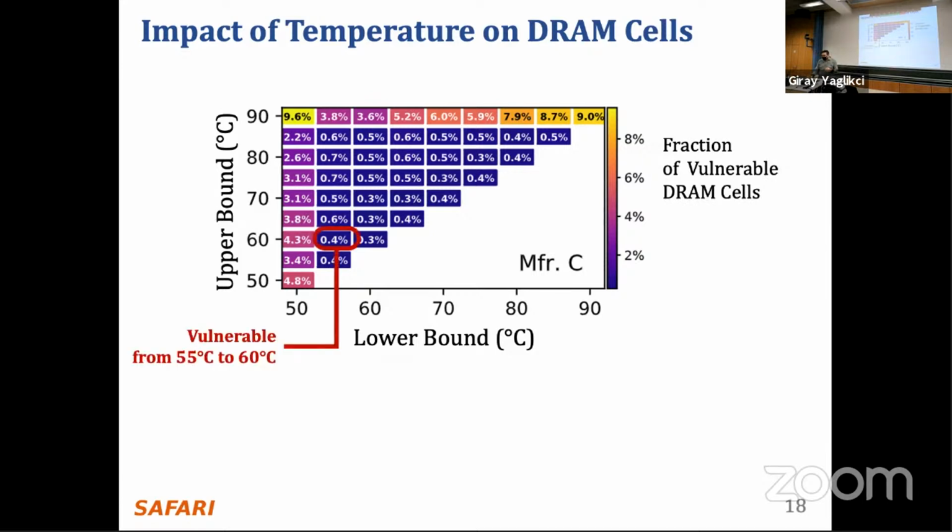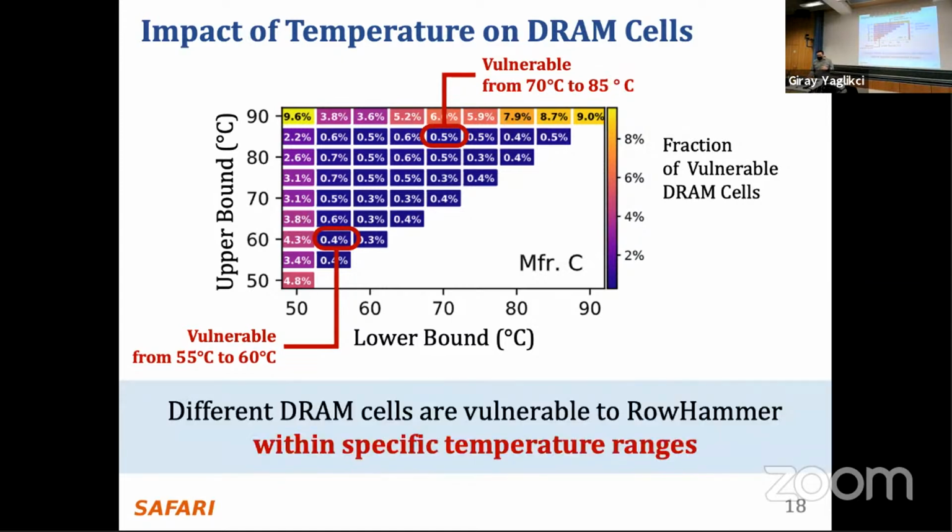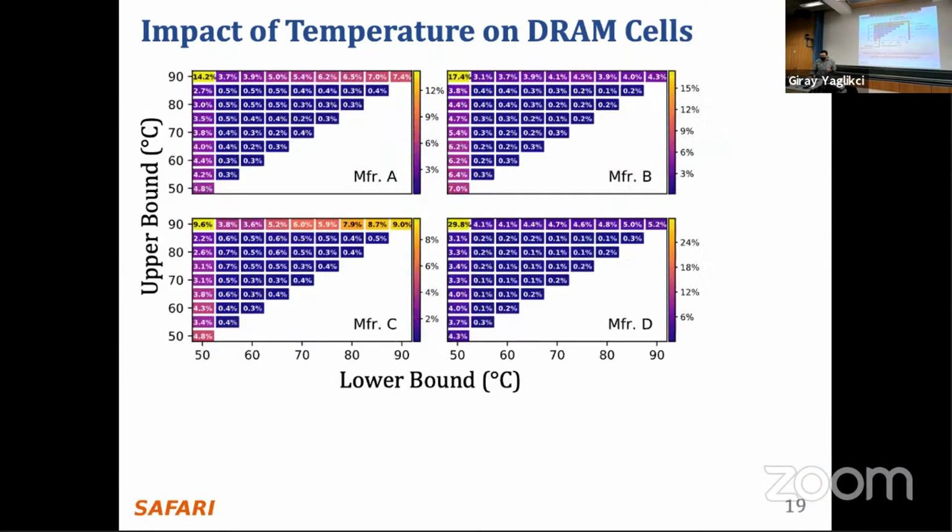So for example, in the annotated place, we see that 0.4% of the DRAM cells are vulnerable to RowHammer only between 55 and 60 degrees Celsius. And similarly, only 0.5% of them are vulnerable to RowHammer from 70 degrees Celsius to 85 degrees Celsius. And we conclude that different DRAM cells are vulnerable to RowHammer within their specific temperature ranges.